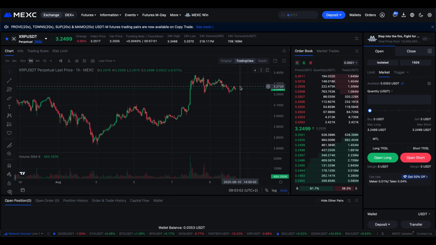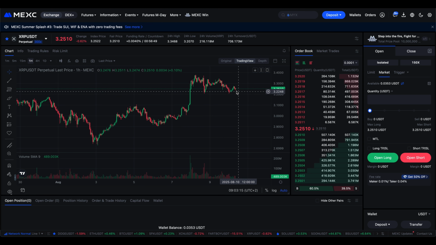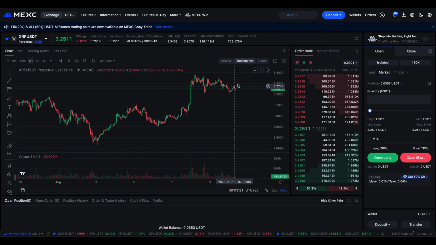So the reason why we use the liquidation heat map is to make sure that our entry point when we get into the market is at the right position, so that we know that we're not going to get liquidated. And this is trading sort of 101. You never buy or sell at tops or bottoms in the wrong direction. So for example, if you're going to take a short trade, if the market's down here, you don't open the short position here, right?